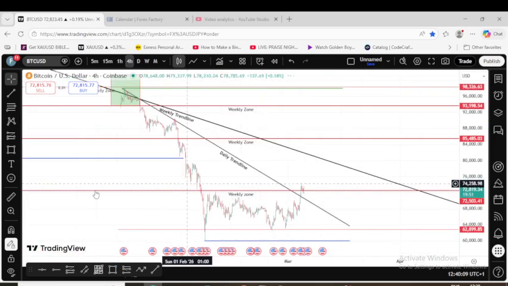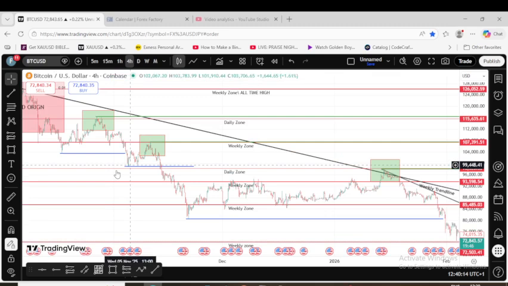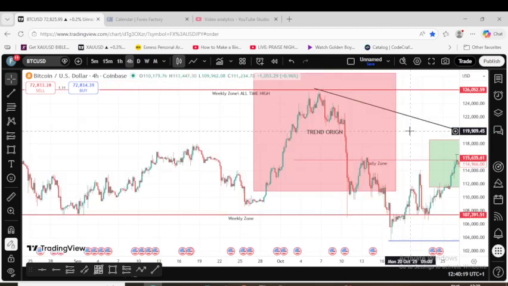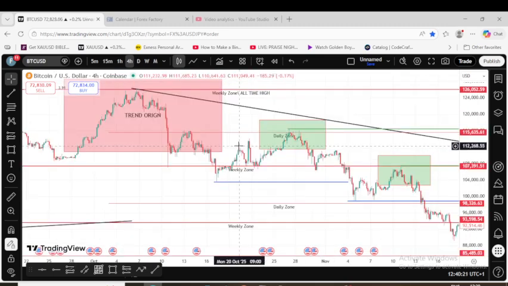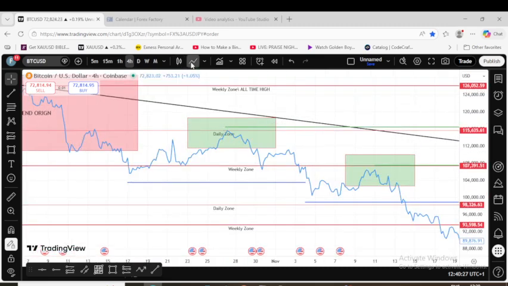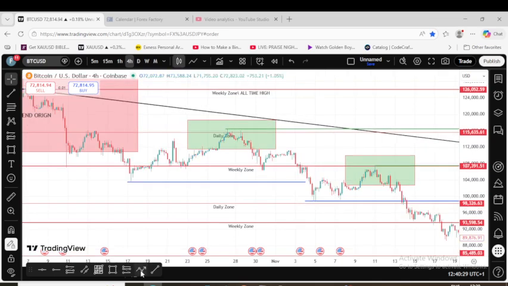Okay, now let's zoom. So what patterns do we notice? I can already see an M pattern. So I can see an M pattern here. Price came up like this.